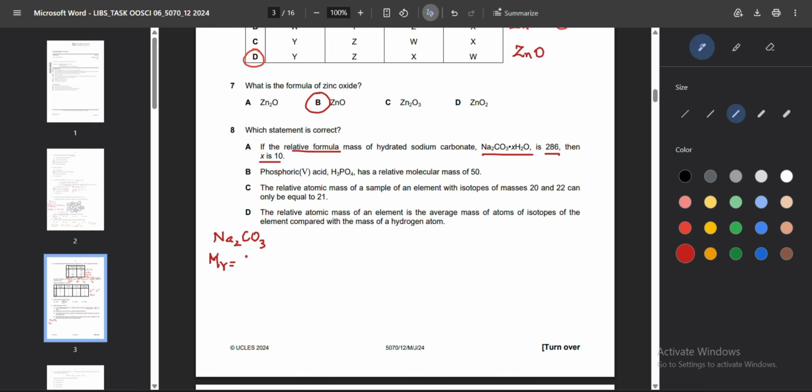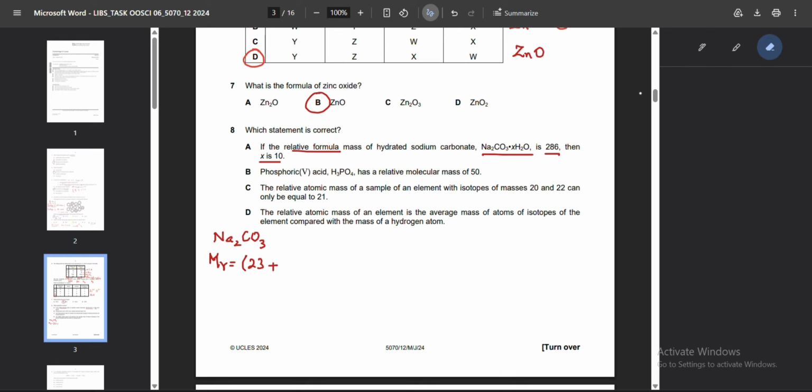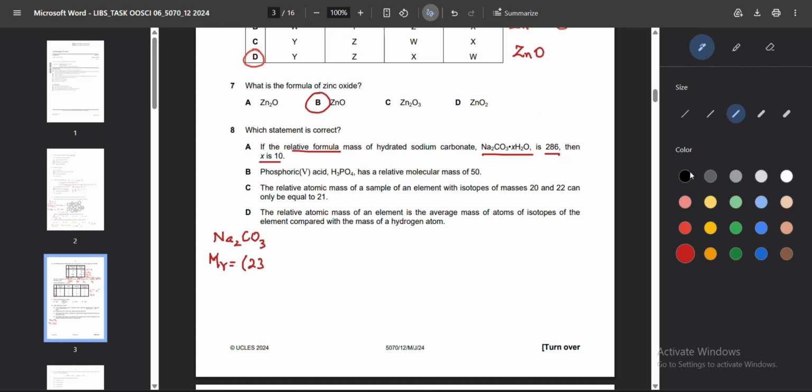Mr would be 23, the atomic mass of sodium, multiplied by 2, plus 12, plus 16 multiplied by 3. Okay, if you calculate it, the answer would be 106.